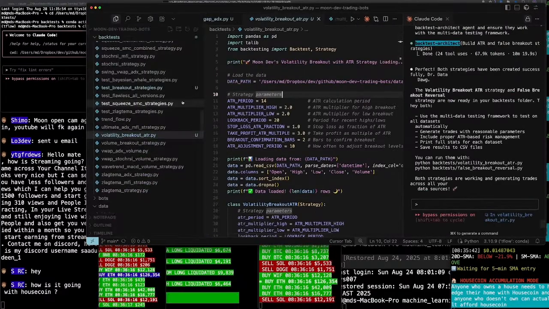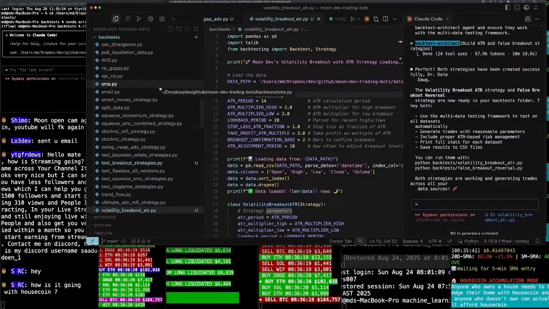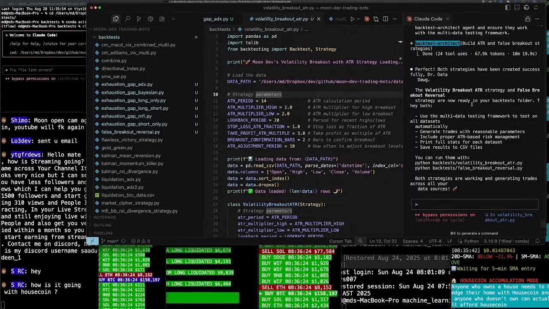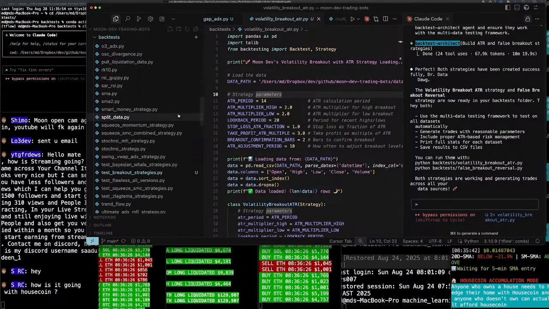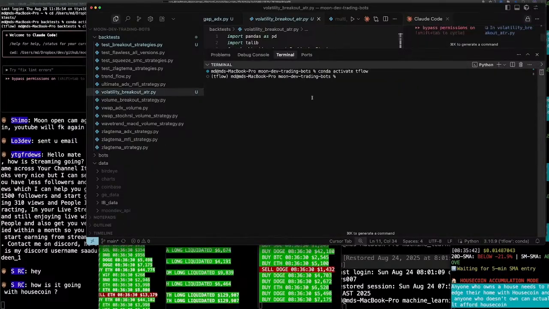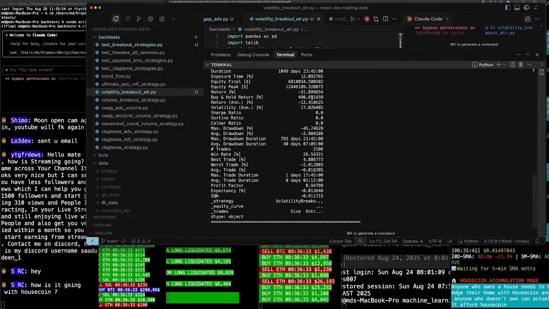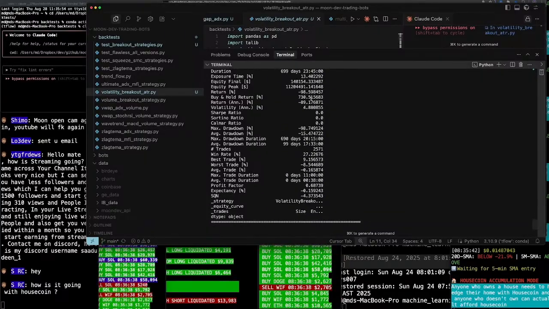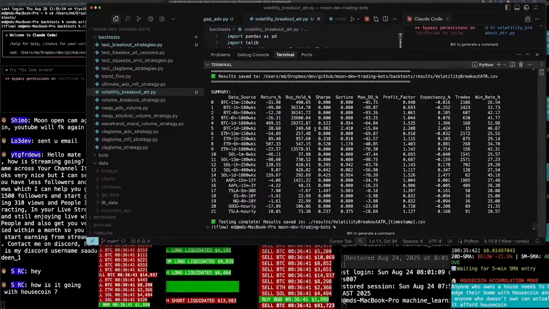Okay. Go ahead and say the volatility breakout first, because I did see an error here. Okay, it looks fine now. So you can see it's testing through all of the different data. Awesome. Ooh, that was a big buddy. Okay, sick, dude.